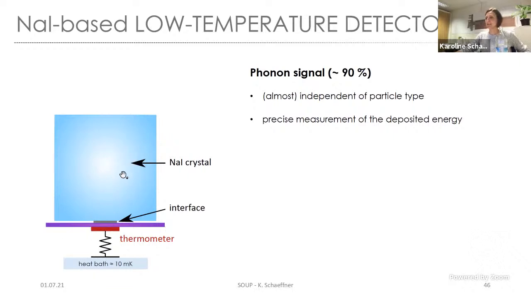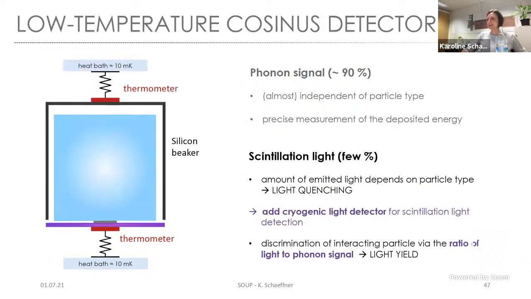If there's an interaction, this heat signal is independent of the particle type, and therefore allows you to give a precise measurement of the energy of the interacting particle. Then in addition to the phonon signal, a small percentage of the deposited energy is emitted in the form of scintillation light.